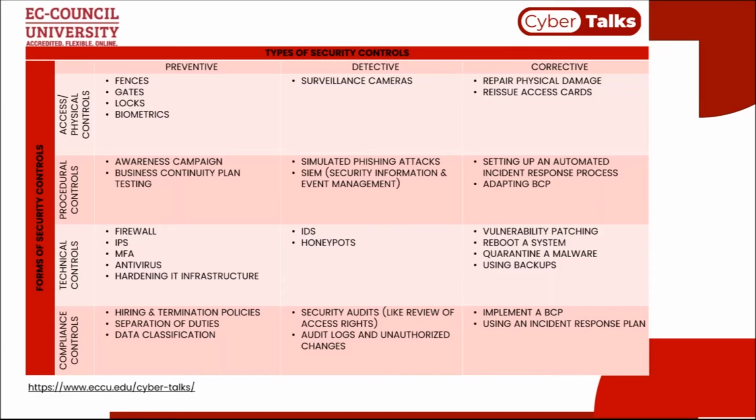Then the detective procedural controls obviously are simulated phishing attacks. That is really a nice thing to do, which I also like to do. It means setting up fake phishing emails to check if your employees know what's happening. Here again, it's recommended not to send one phishing email to everybody at the same time, because that's way too obvious.